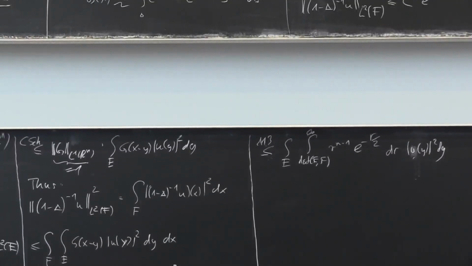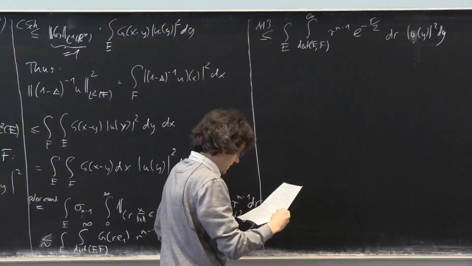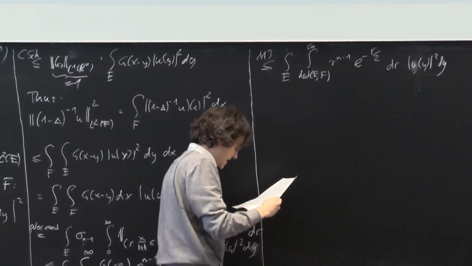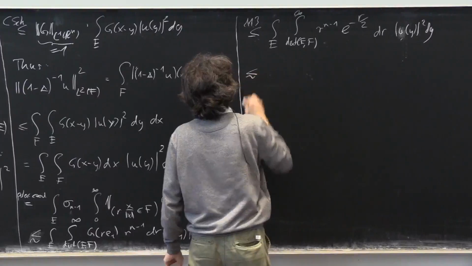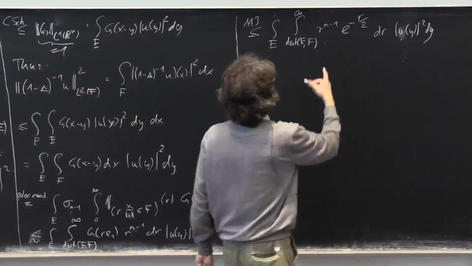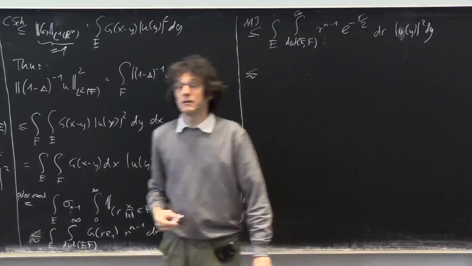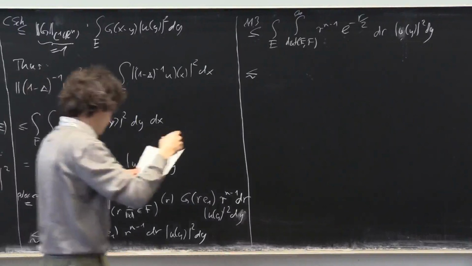Okay, and now this thing in the middle we can just integrate. Yeah, but before we integrate, let's even make it easier. So this is some polynomial times an exponential decay, and we can estimate this from above by a little bit less exponential decay without the polynomial.